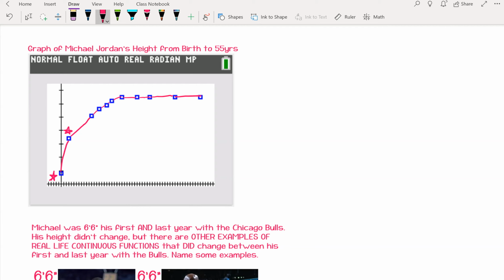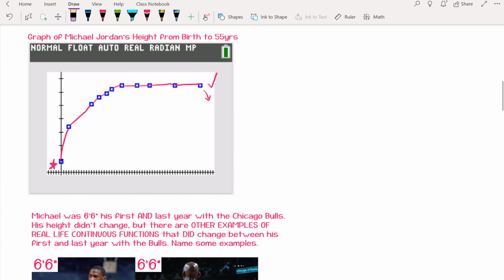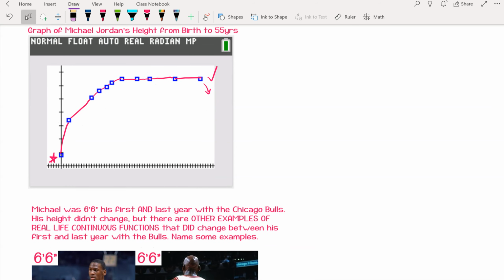And then it looks like height levels off, which it should, right? Because you stop growing eventually, and potentially maybe you even shrink when you get older. My dad has already started shrinking, so that could happen. Okay, so height is a continuous function. Let's write this down. Height is a continuous function.